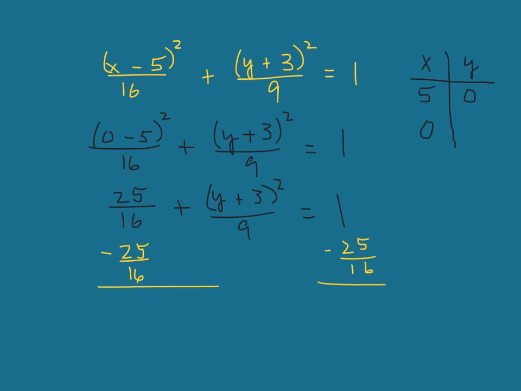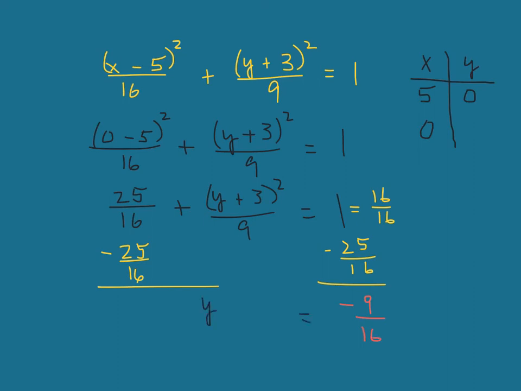And realizing when you subtract, 1 is the same as 16 over 16. So when I subtract 25 over 16 from that, we end up with negative 9 over 16.